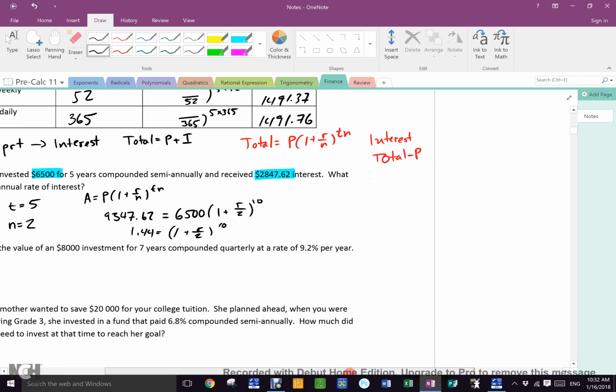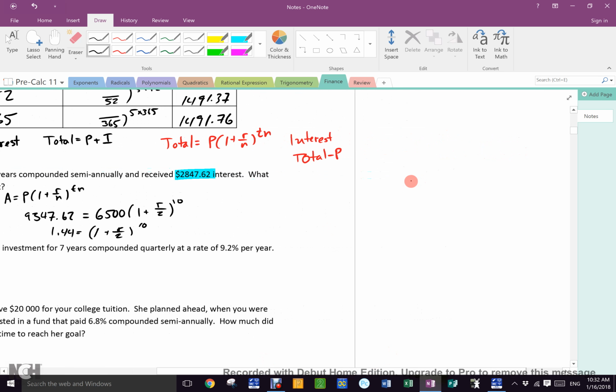Now, how would I solve 1 plus r to the second power, or r over 2 to the second power equaled 1.44? What would I do to get rid of the square? I would do a square root, yes? So what do you think I do to get rid of a 10th power? I do a 10th root. Do you know that in your head? Of course not.